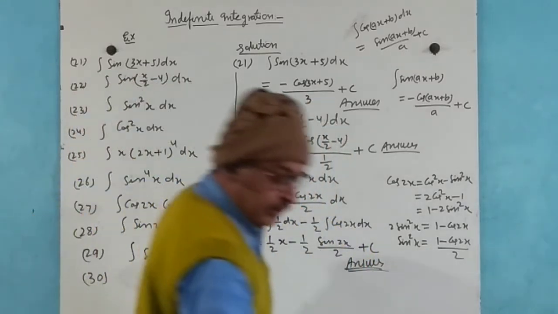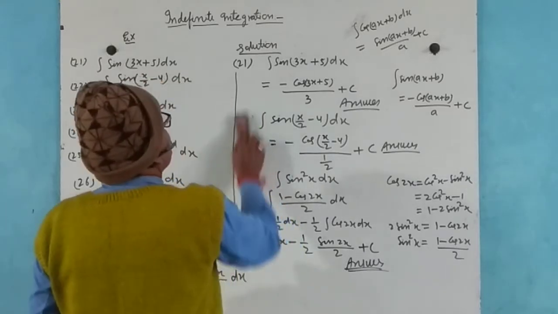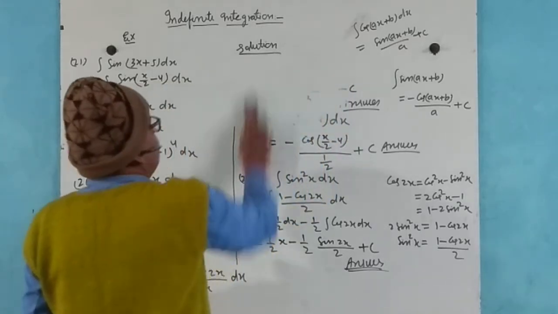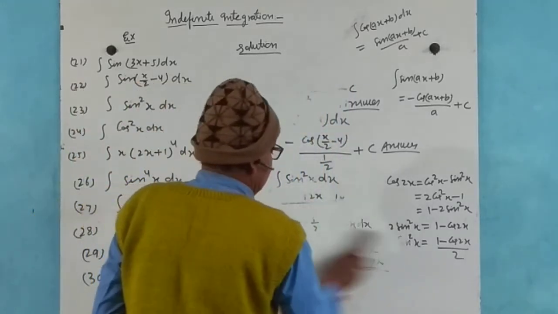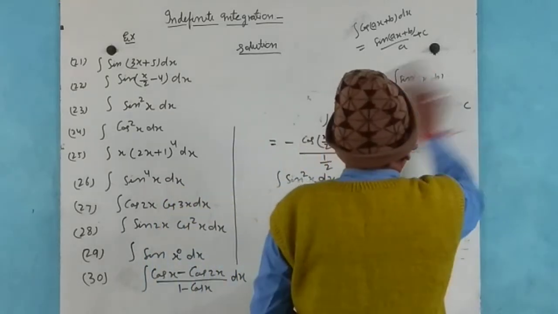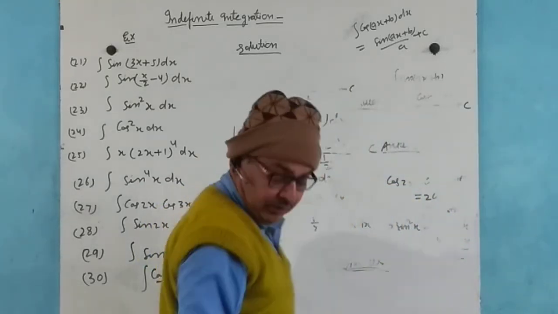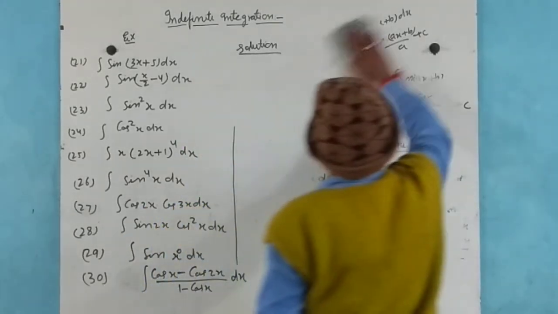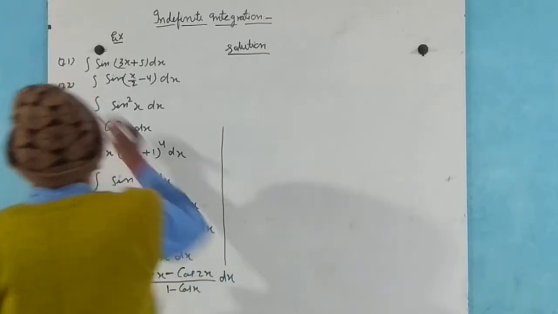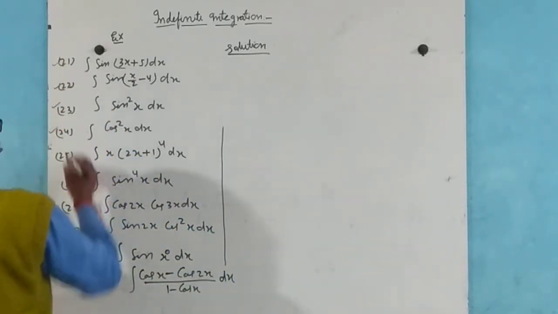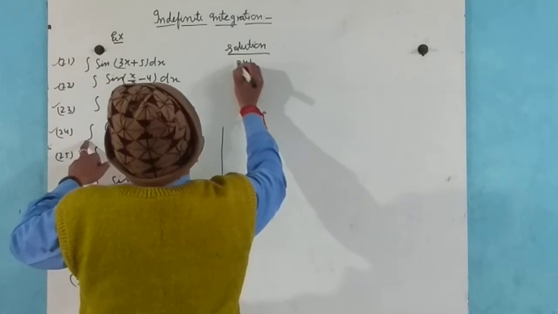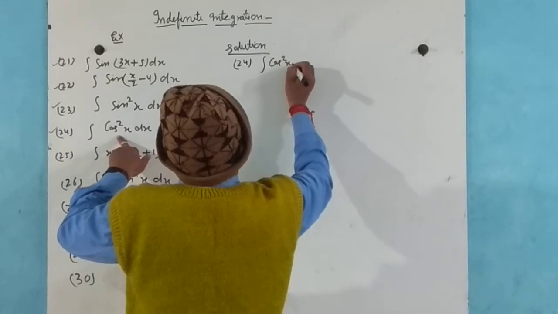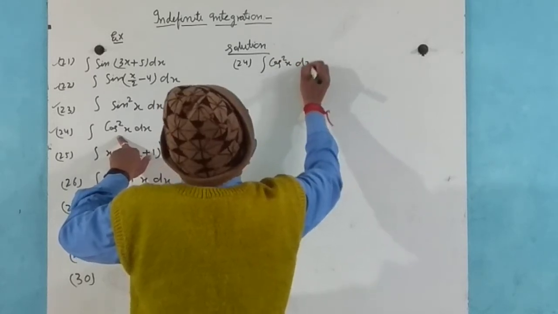Now next question, 24: integration of cos square x dx.